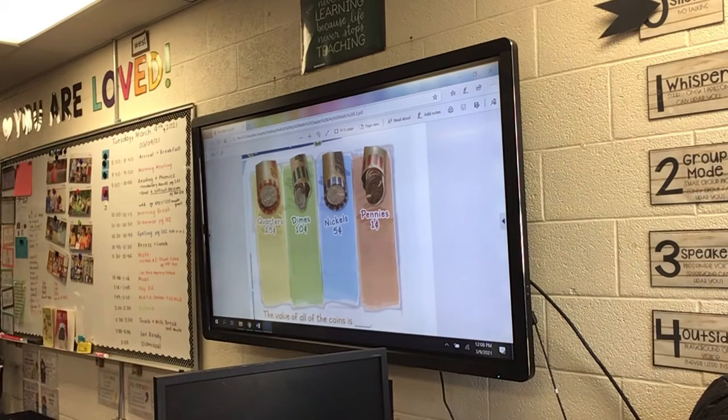I only have 16 pennies. You only have 18 pennies? She could have some of those. She's got real, or she's got fake money. Oh, yeah. 16 pennies, right? I have 16. I only have 9.